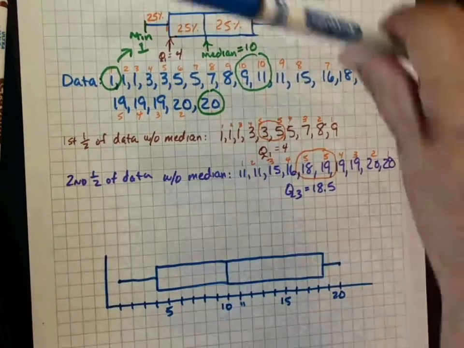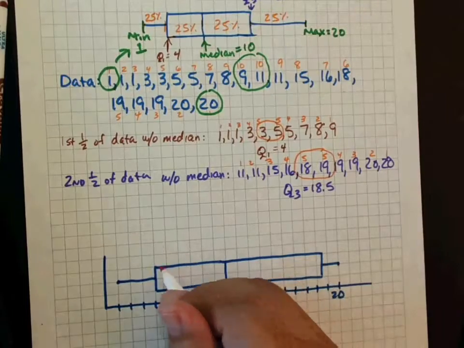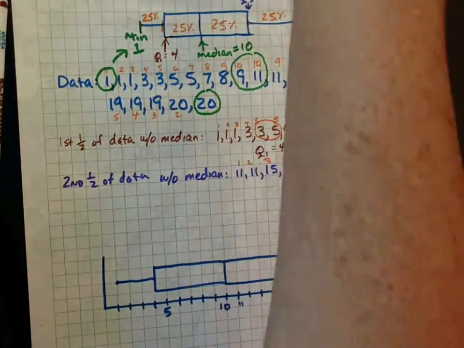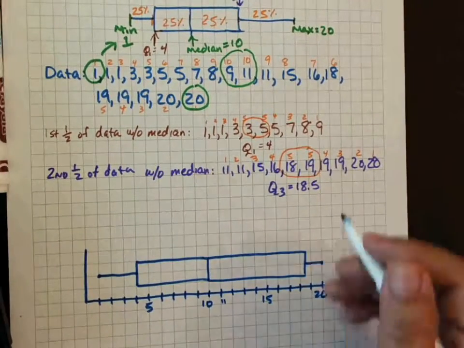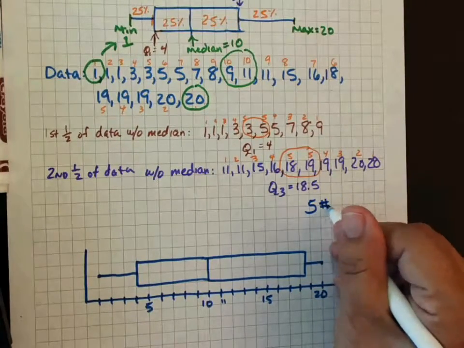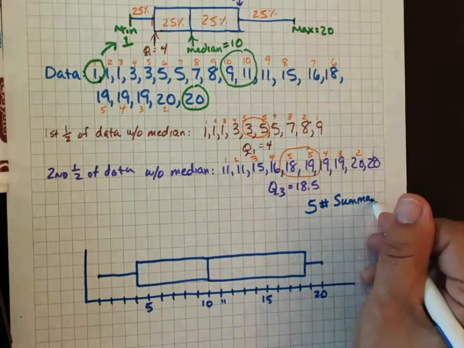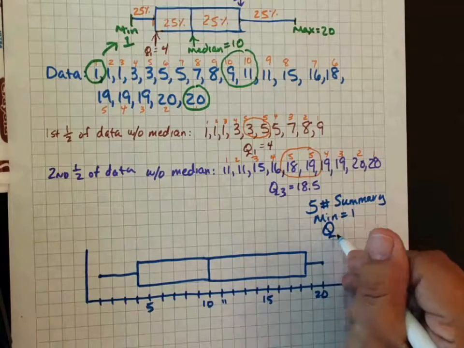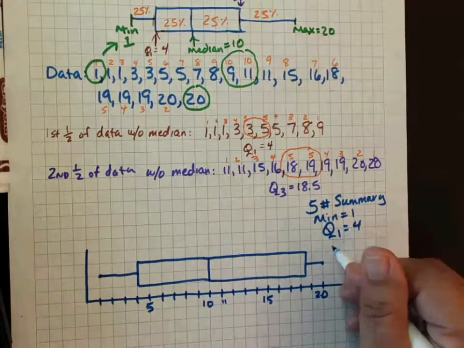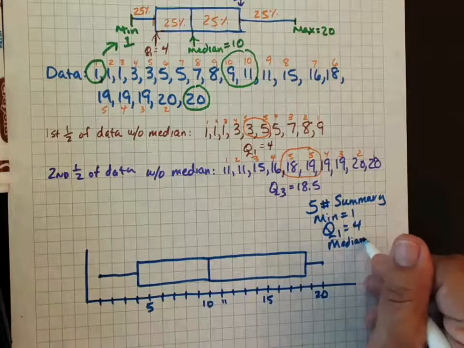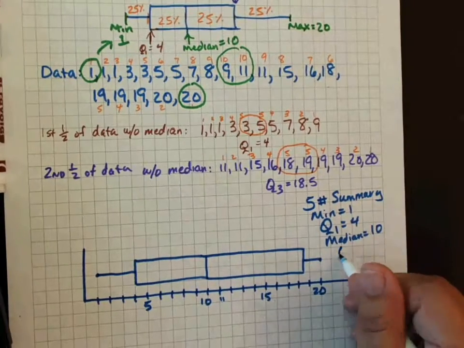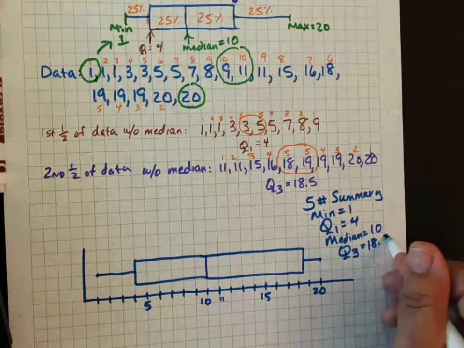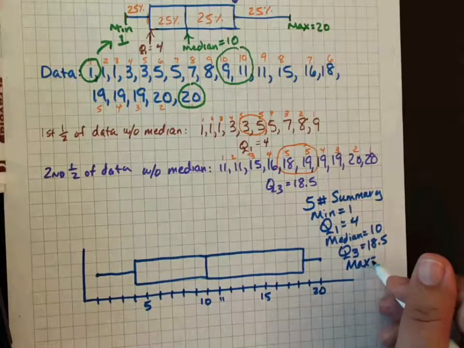All right, this is the box and whisker plot. And these 5 numbers that I just used to do it are from the 5-number summary. So my 5-number summary is basically the first point, which is the min, the second point, which is Q1, the median, which is the third point, in this case 10, the fourth point, which is Q3, so that's 18.5, and the last point, which is the max, which is 20.